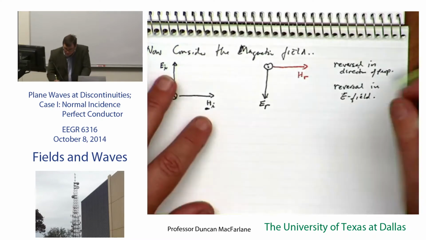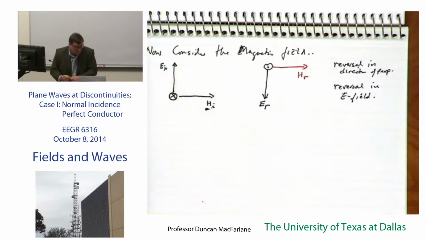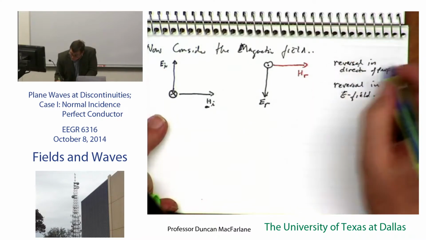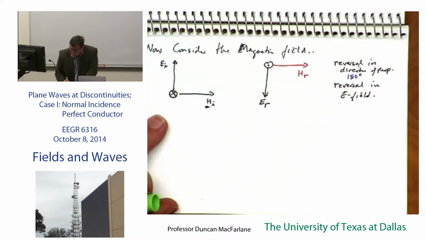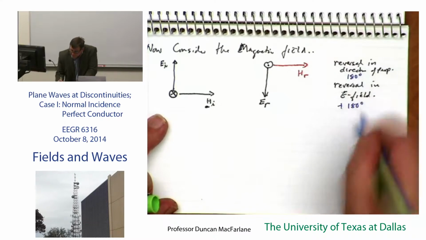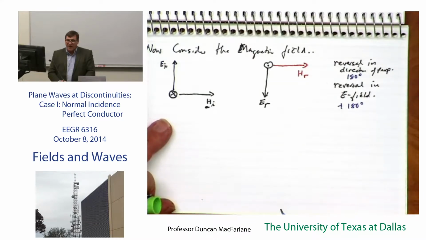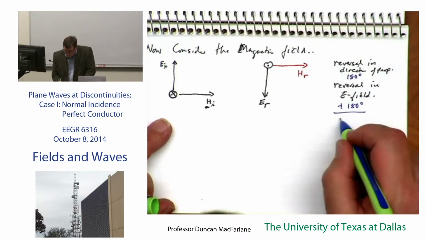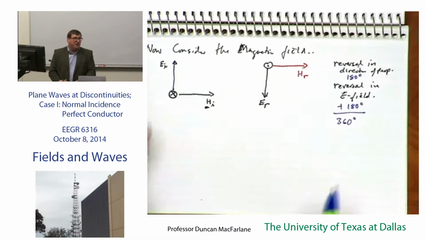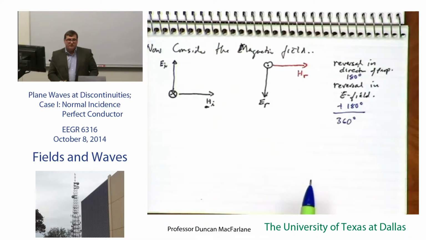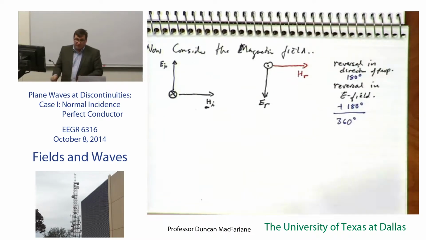The direction of reversal and the direction of propagation can be looked at as a 180 degree phase shift, plus another 180 degree phase shift for the flip of that, which adds up to 360 degrees, or no change whatsoever when I consider the cyclic, periodic nature of the fields. So I don't need to do anything with my magnetic field.